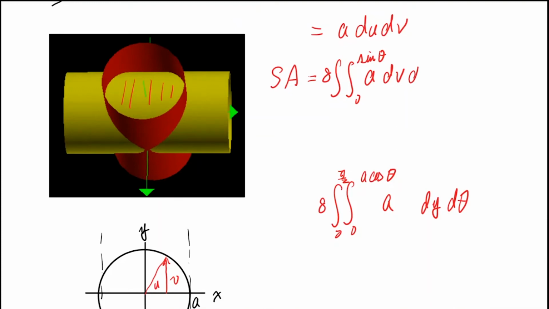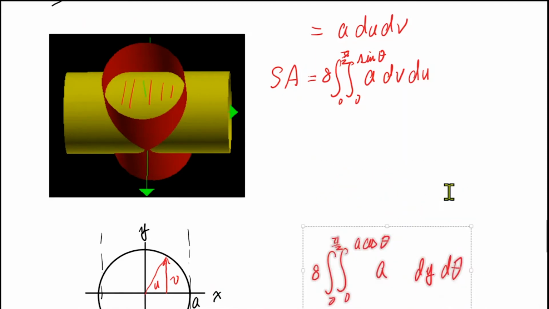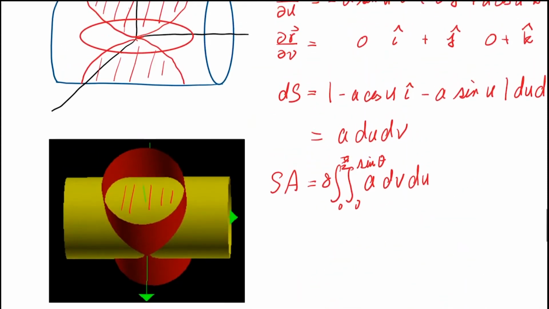And then the u, my u will vary from 0 to pi over 2. Okay, and let's try this and see if this will work out or not.